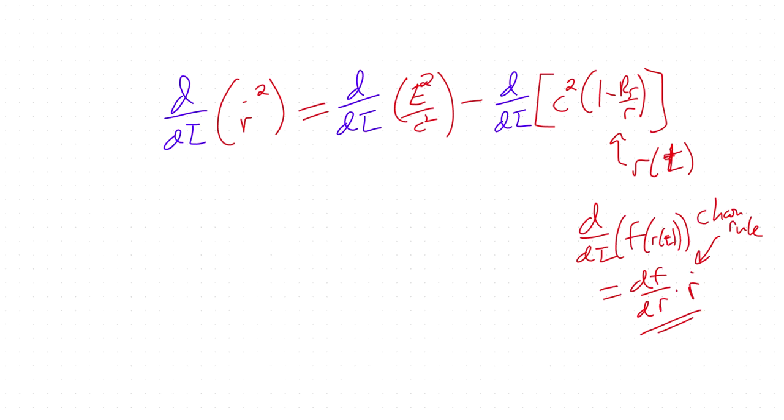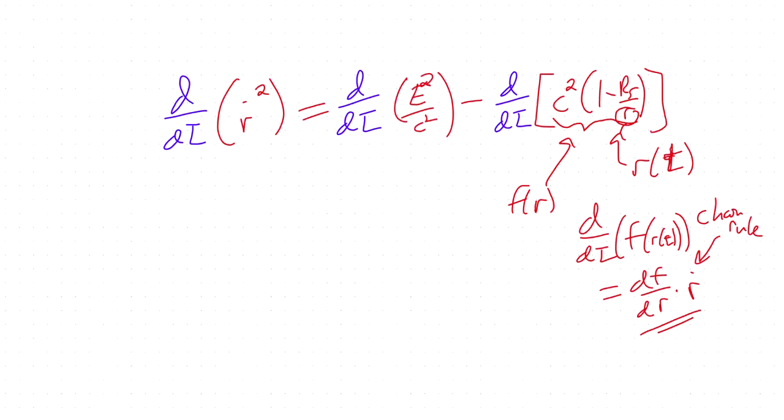This is your f of R, whereas this is your R of tau. So you have to do the chain rule here too, because this is technically R dot squared.